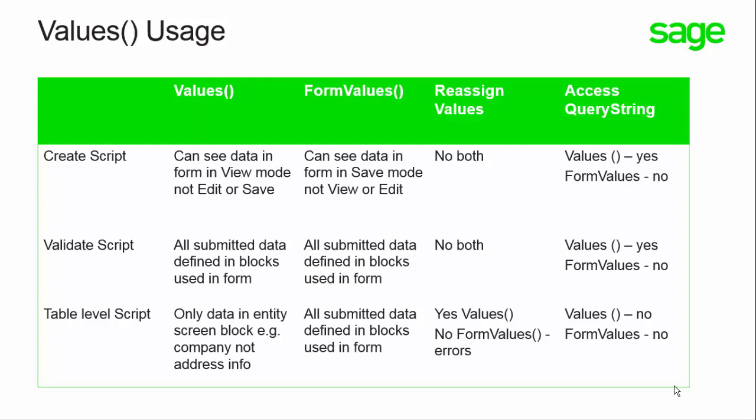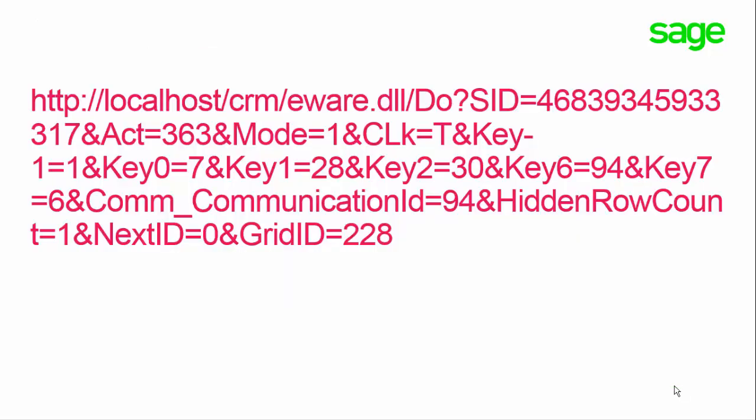So within a create script, the values method is especially useful as we have read access to the data submitted by a form, and we have access to the variables contained within the URL, so we can see the submitted data.